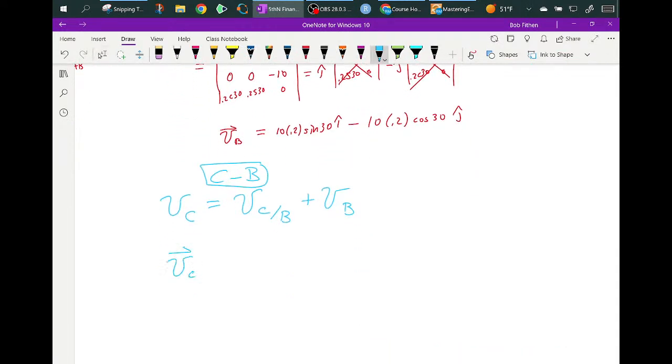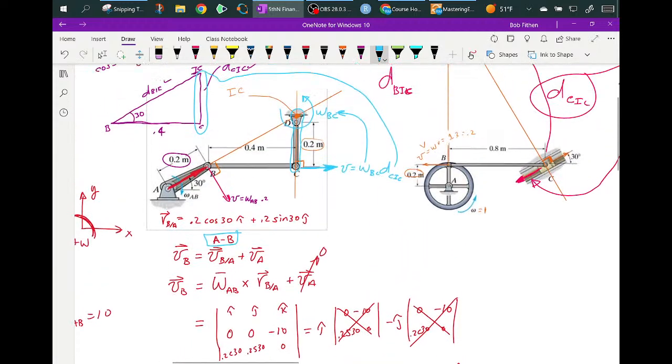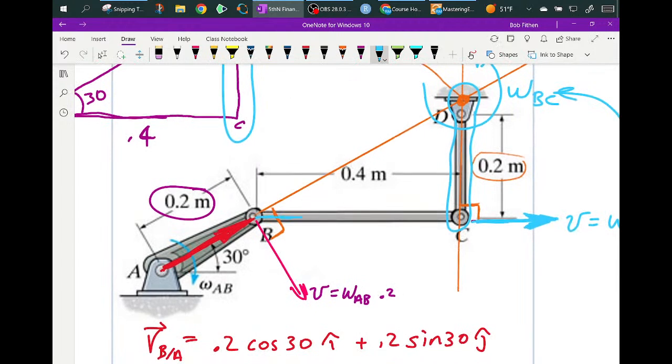Velocity of C is equal to this, which is omega BC, which we don't know, cross R CB plus velocity of B. These should all have been vectors. A vector originating at B, ending at C, is a pretty simple vector.